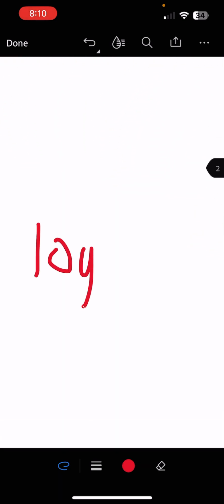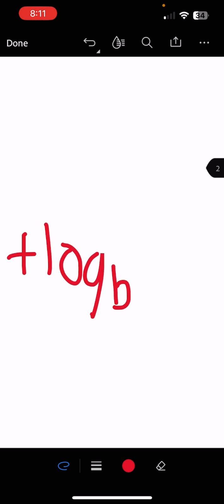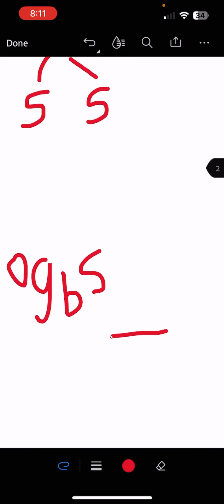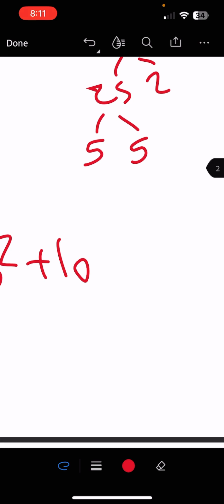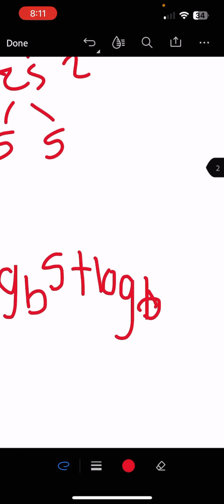Alright. Log base b of 7 plus log base b of 2 plus log base b of 2 plus log base b of 5 plus log base b of 5.